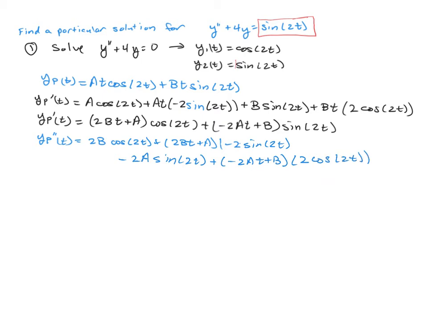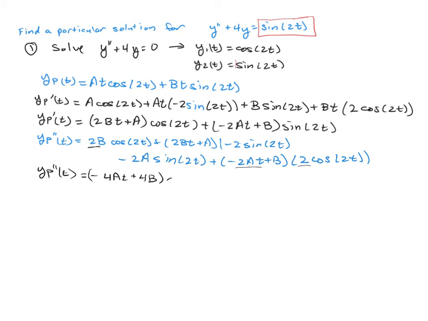And then just like before, let's go through and clean this up. So if we now look at our cosine terms, we're going to have 2b of them here, and then we're going to have a 2 times negative 2at and a 2b there. So adding all that up, we're going to have a negative 4at plus 4b.